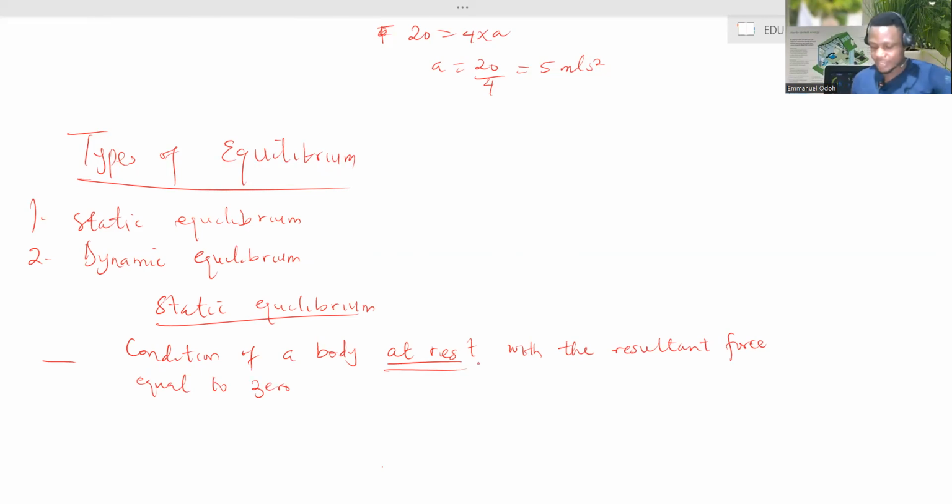Aside that, we have the dynamic equilibrium.